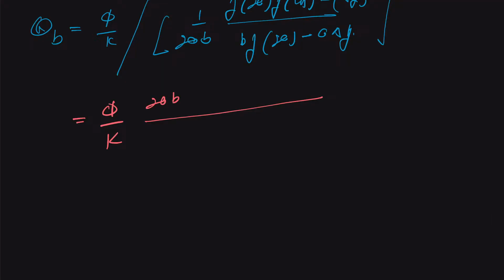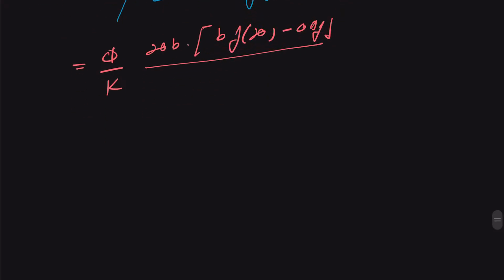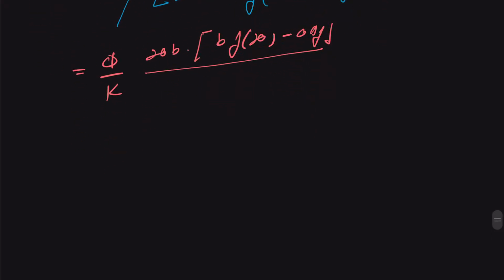and times B function of our 2A minus A delta of F, and denominator will be our function of 2A function of our 2B minus delta of F whole square.